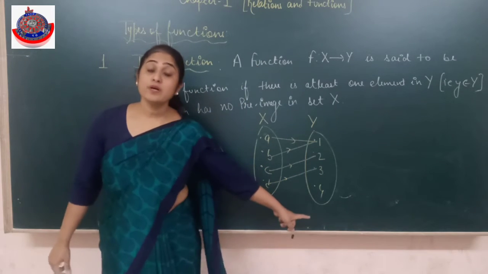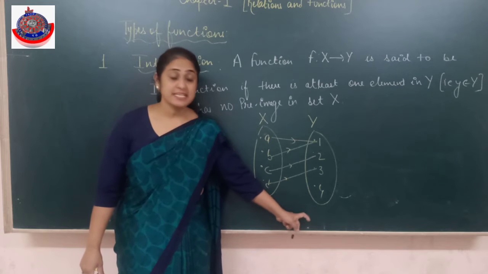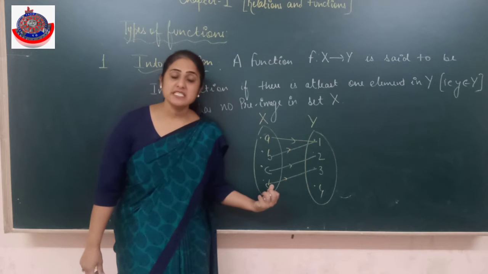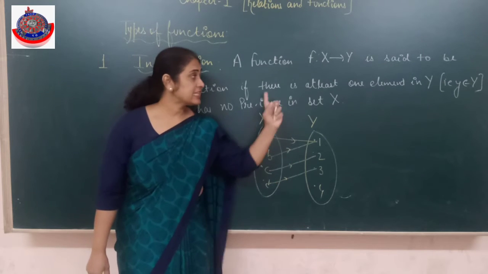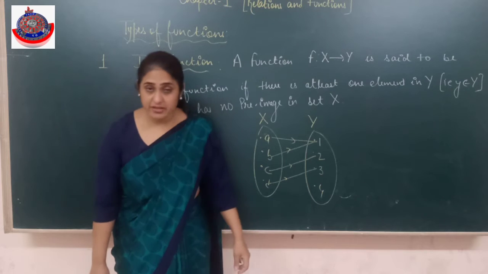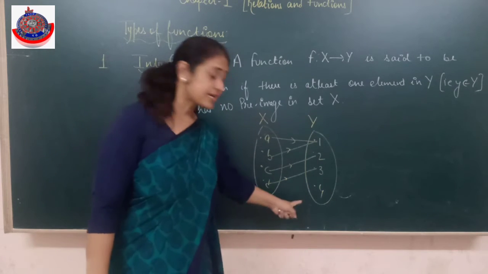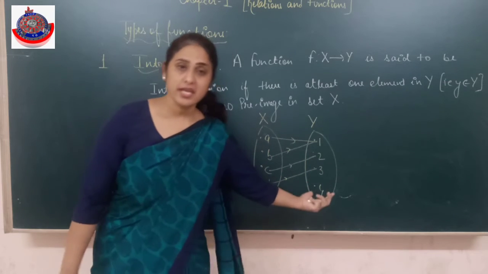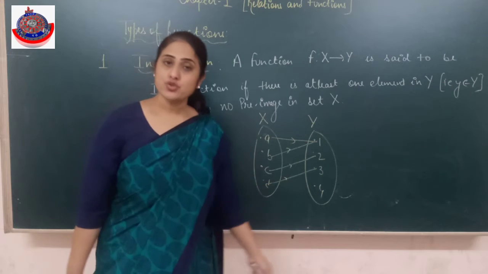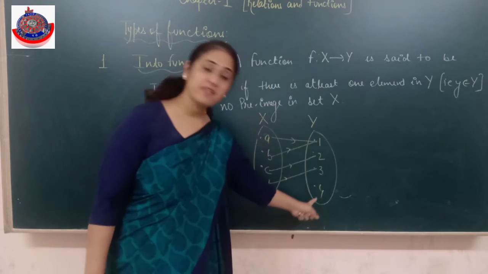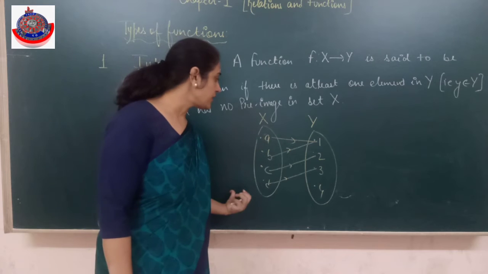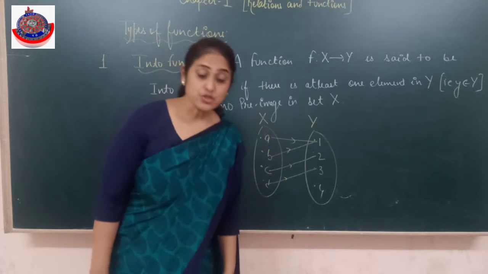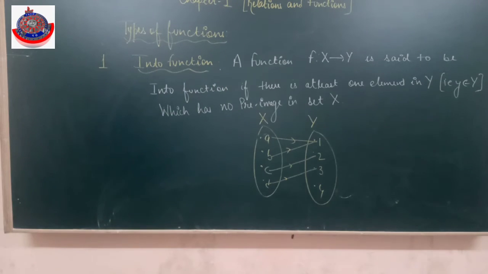There are some leftovers in set B. If there are elements in set B which do not have any pre-image in the first set, then that function is said to be into function. अगर second set में कोई element बच जाते हैं जिनकी कोई भी pre-image नहीं है या फिर वो किसी की image नहीं है, then the function is said to be into function. If elements are left in the second set which do not have any pre-image in the first set, then this function is said to be into function.